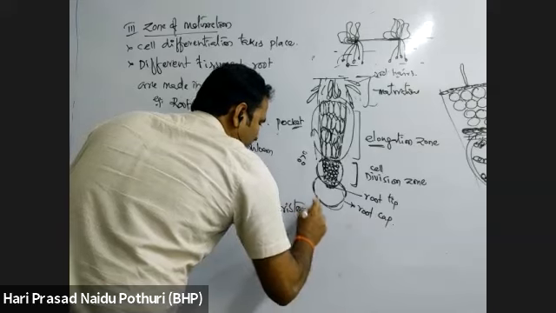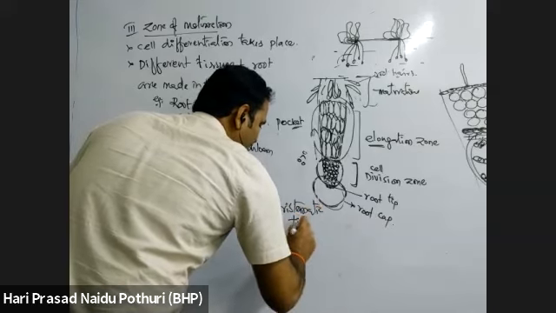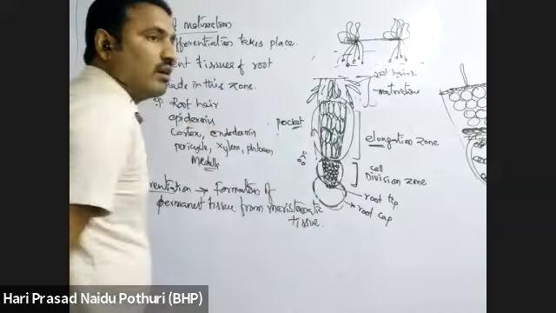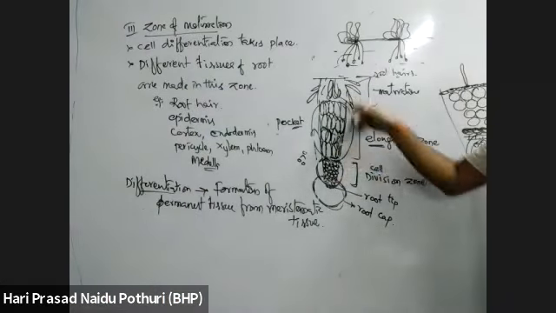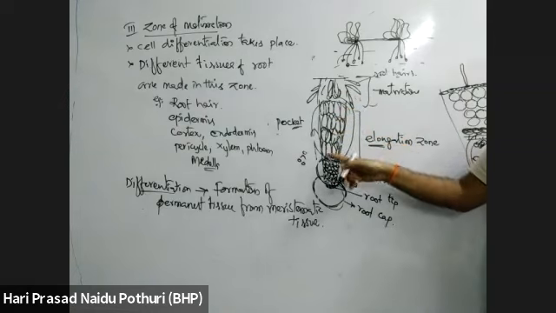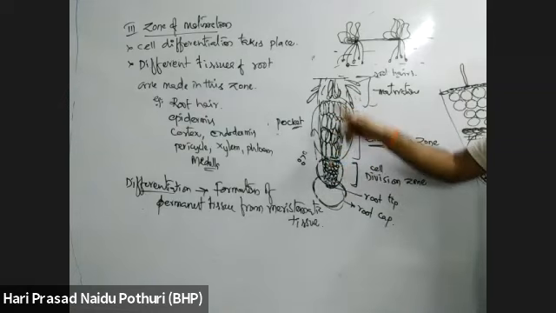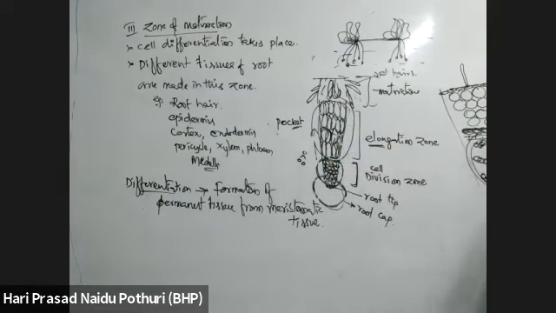From meristematic tissue, there is a formation of permanent tissue. That process is called differentiation. Here, meristematic tissue cells are meristematic in nature, that means they are actively dividing. But cells present in the elongation zone are not dividing. Cells of the maturation zone do not have division capacity.